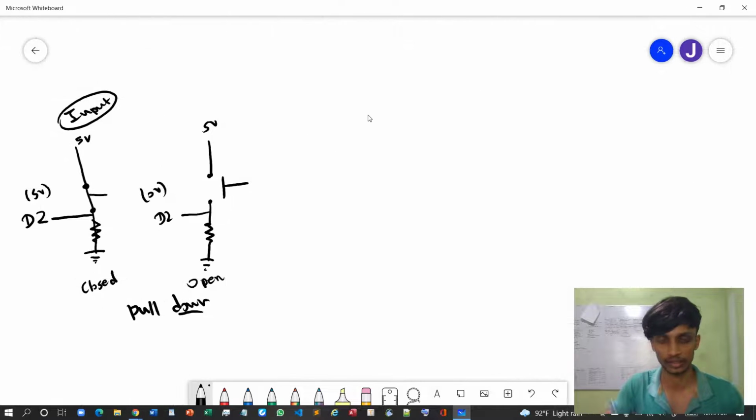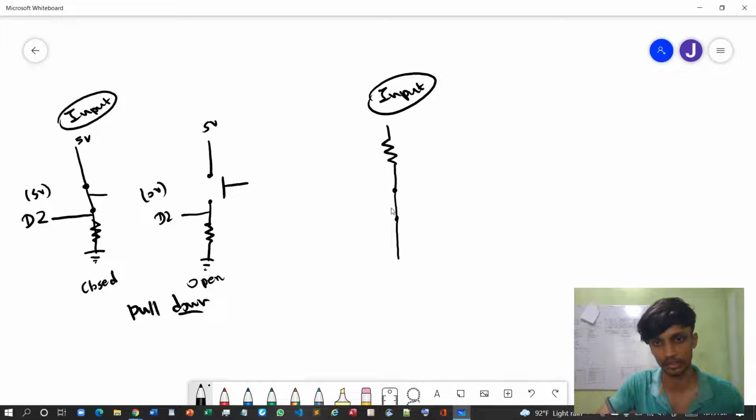Likewise, the second configuration is pull up, so it is also an input configuration. Whenever a pull up resistor is considered, it will look like this. The resistor is at the 5 voltage, then this is grounded, and here is the pin, which is D2.